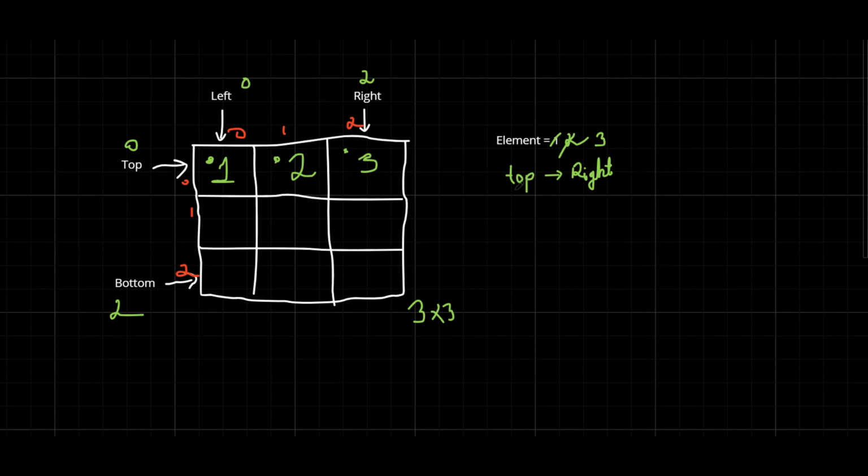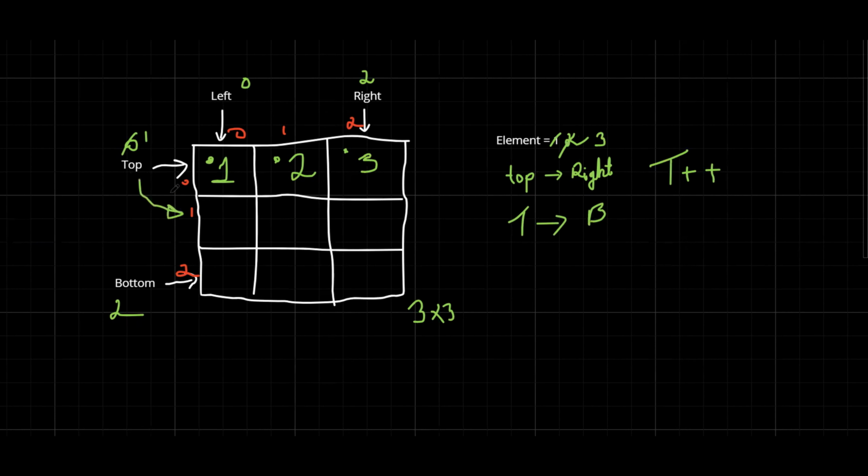Now, after completing the iteration from top to the right positions, we have to increment the value of top by 1. That means top plus plus. Now, the value of top will be 1 instead of 0. Now again, we have to run a loop from top to bottom.